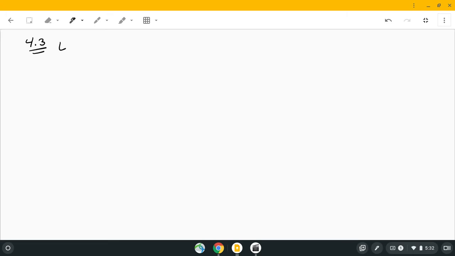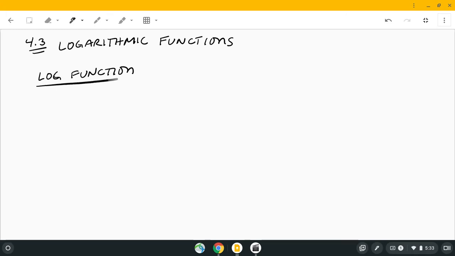So logarithmic functions. All right, so what is a log function? Let a be greater than 0, but not 1, and let x be greater than 0.